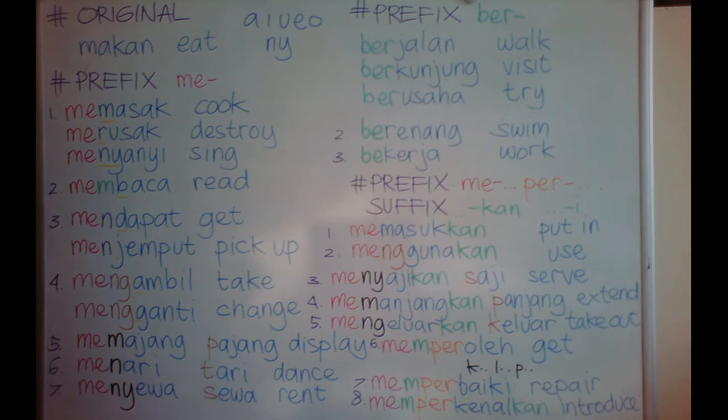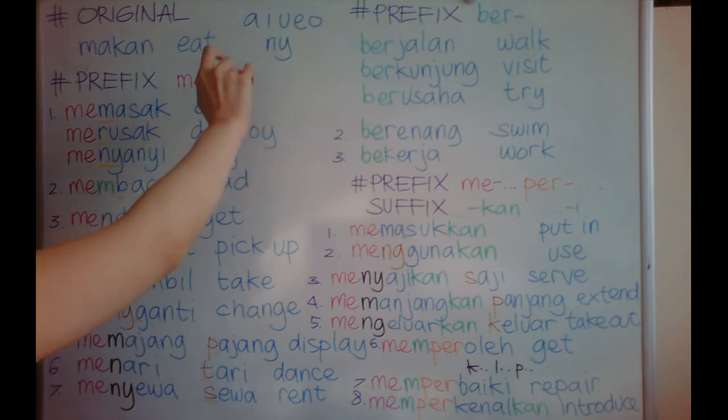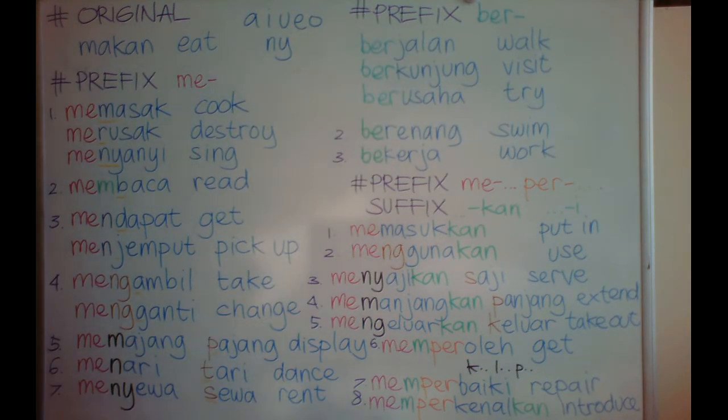You see here, this one starts with P, this one starts with T, and this one starts with S. The P changes to M, the T changes to N, and the S changes to N. Again, like Kanye West. Pajang becomes majang, tari becomes nari, sewa becomes nyewa.